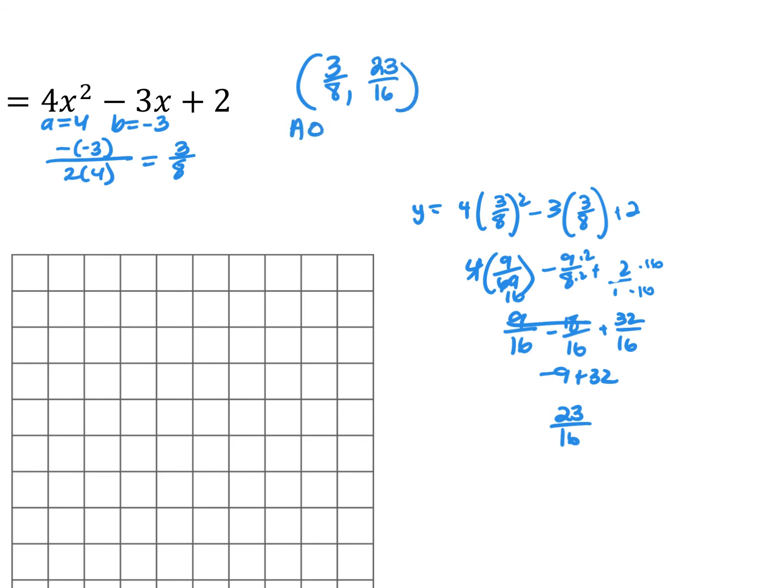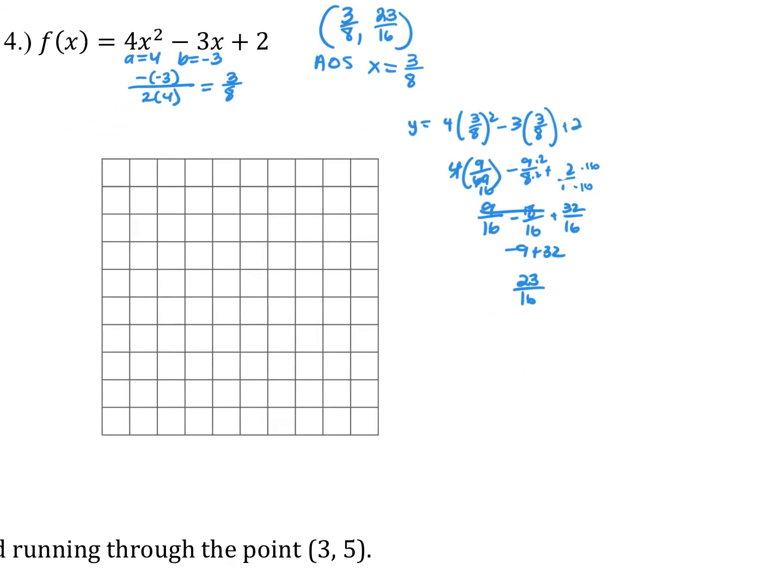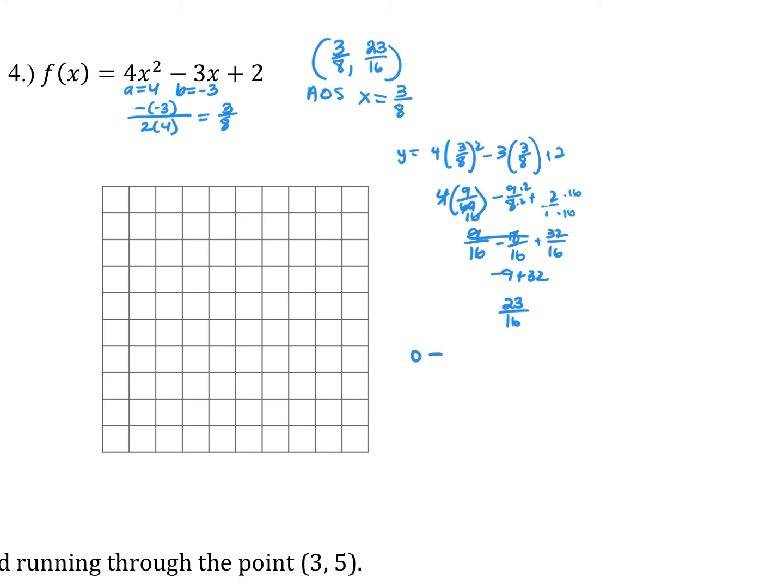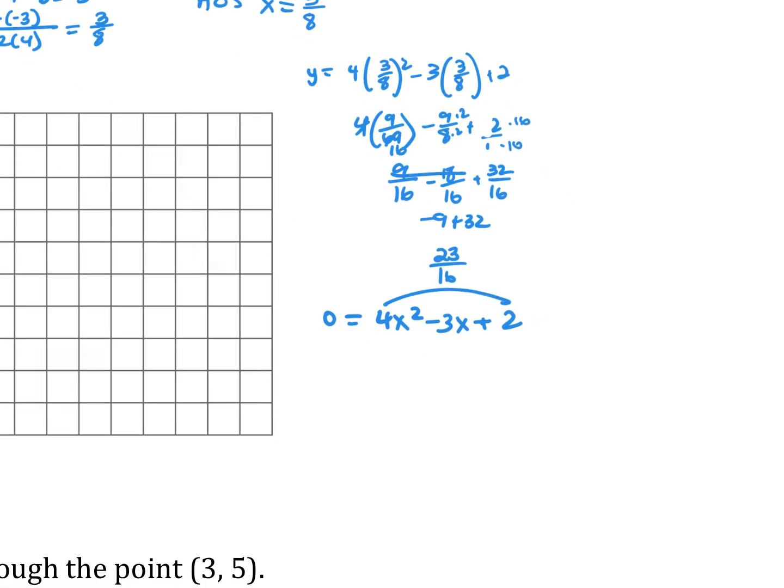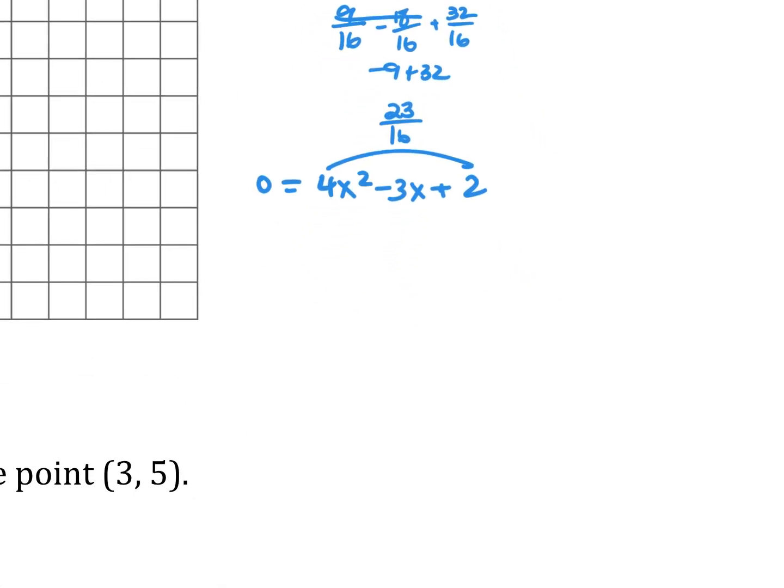Axis of symmetry, x equals 3/8. 0 equals 4x squared minus 3x plus 2. Again, first and last would be 8. There's no factors of 8 that sum to negative 3, so quadratic formula again. So A is 4, B is negative 3, C is 2.